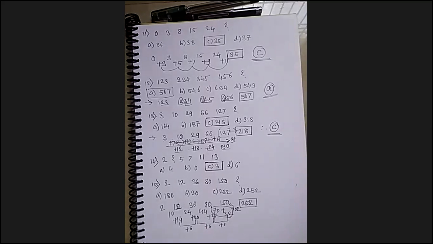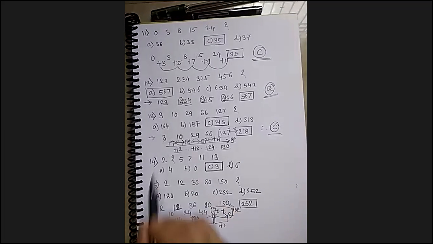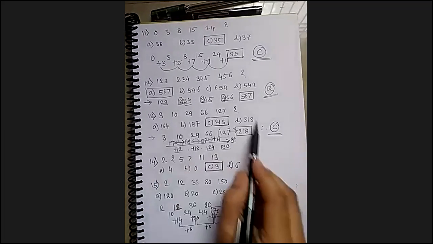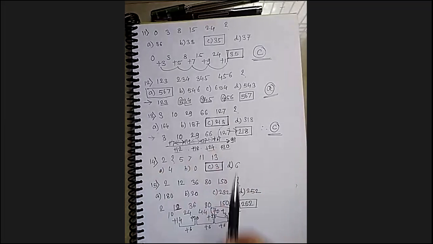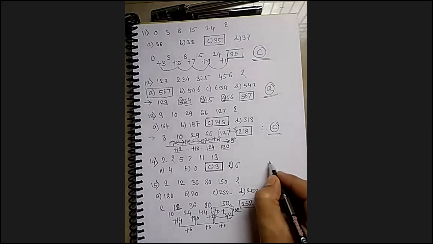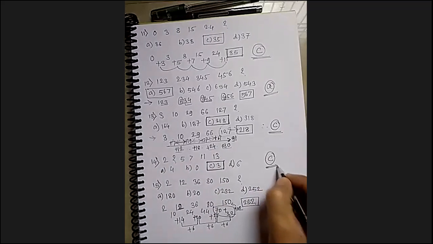I think someone had already written option D, but later on I think he had changed his answer. So I think this kind of logic we have explored in this particular case. Got it? So it is 252. So your option D is the answer. Here it is option C.